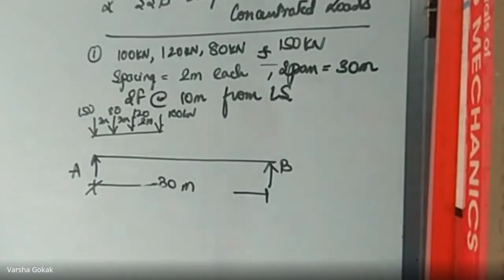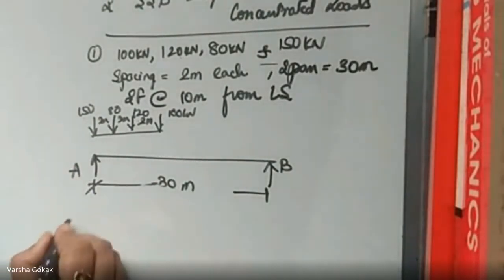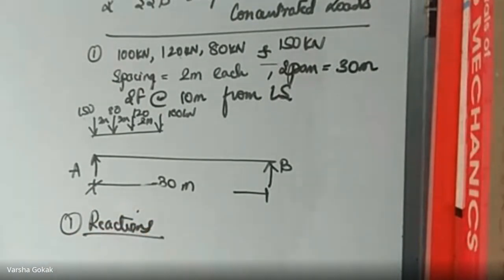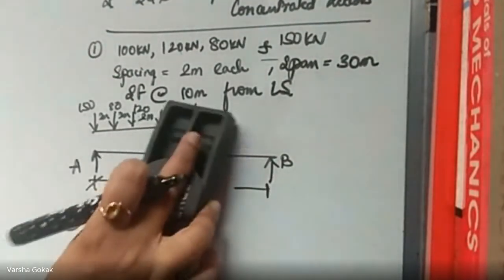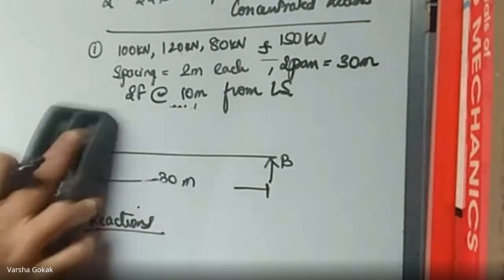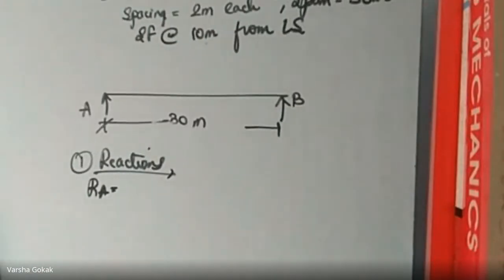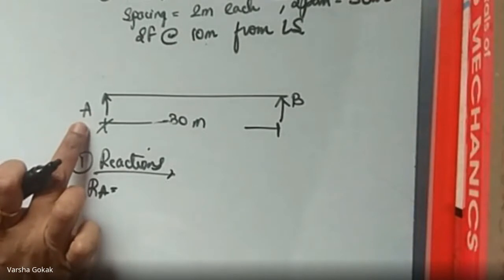Based on this, let us find the reactions first. Now I'll just erase this, and if I want to find the reaction, say first RA, you know from strength of materials, or we have done so many numericals, when would RA be maximum?